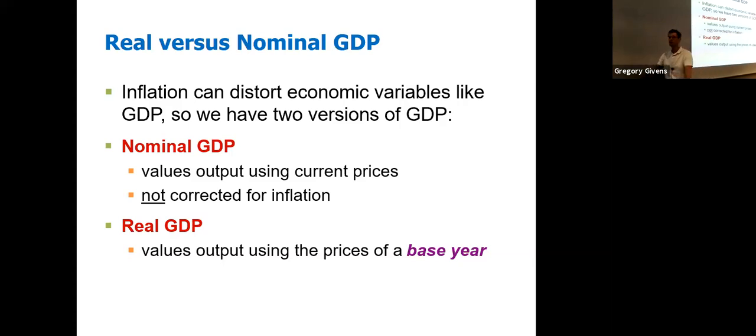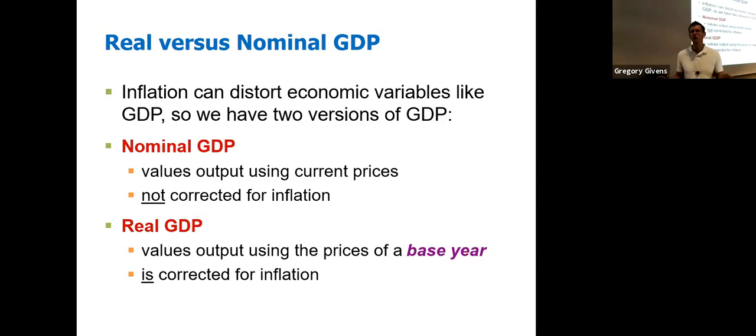And since real GDP uses fixed base year prices to sum up the value of everything, it is, in a sense, going to be corrected for the effects of inflation. All right, so nominal GDP is not corrected for the effects of inflation, but real GDP does try to correct for those effects.